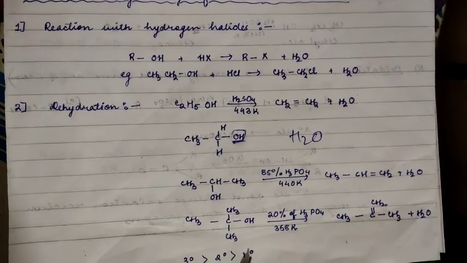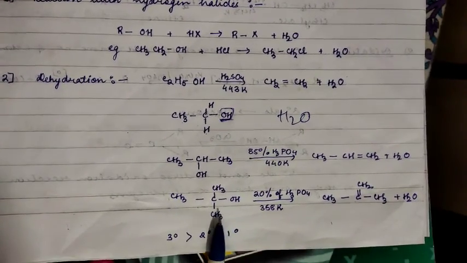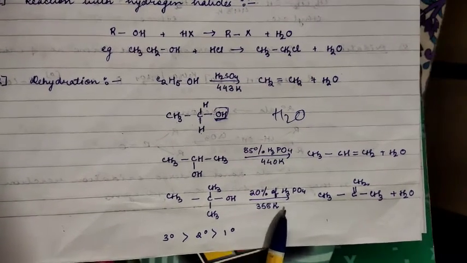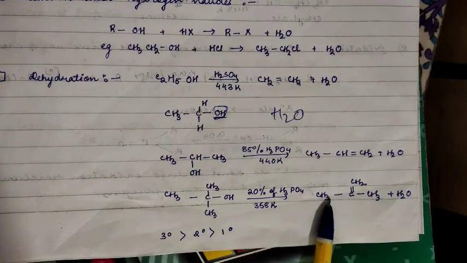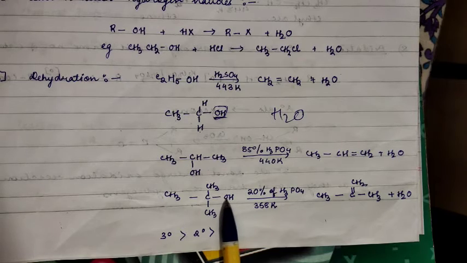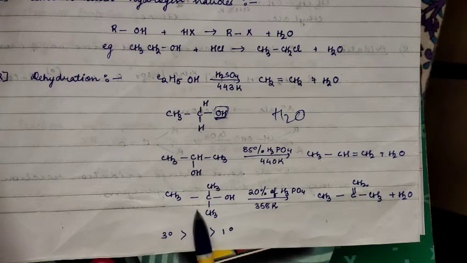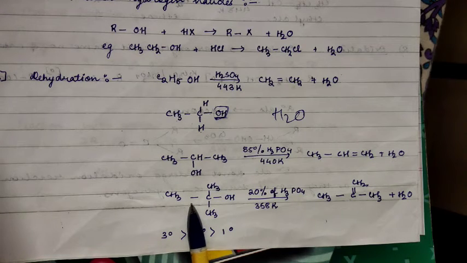Next, for the tertiary alcohol, again under the same conditions except the temperature. From here OH is removed, and from this carbon. Again all these carbons are similar in nature because they have the same number and type of atoms attached.